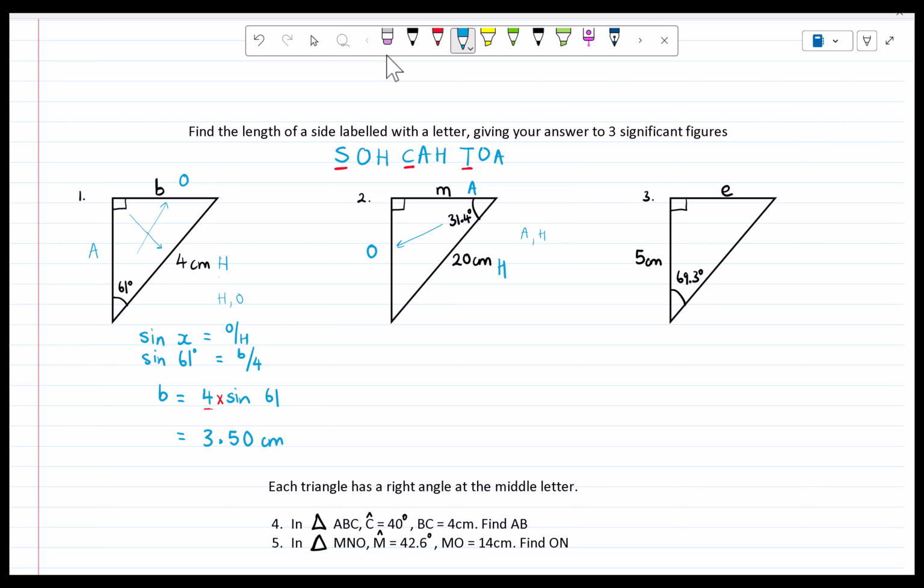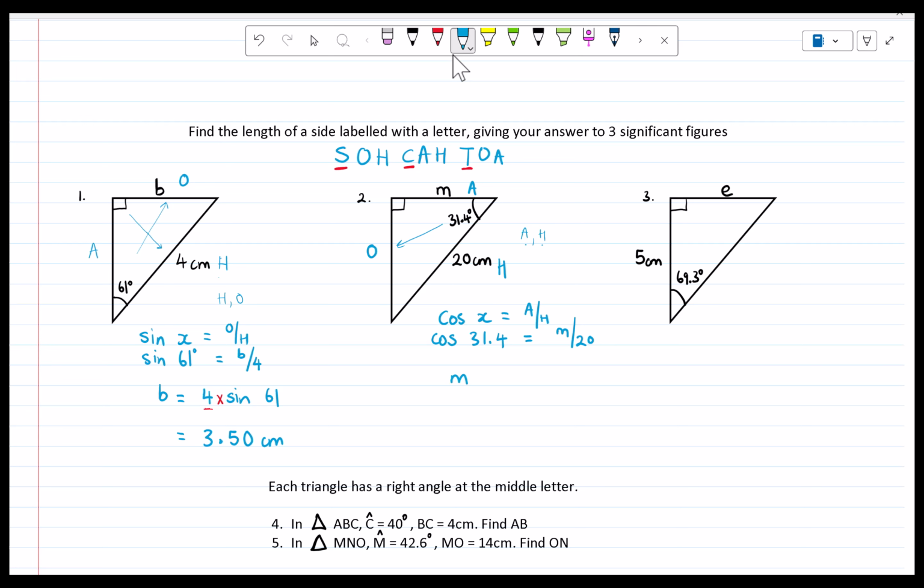Now we need to find which function has the A and the H, and in this case we are going to make use of CAH, that would be cos. So cos x is given by adjacent over hypotenuse. Hence we have cos 31.4 degrees is equal to our A, which is M, that is what we want to find, over our H, which was given as 20 centimeters.